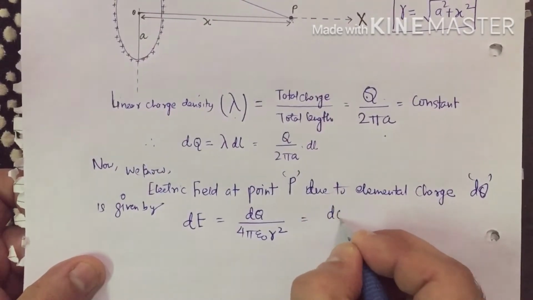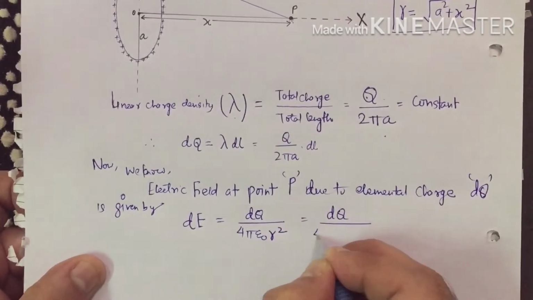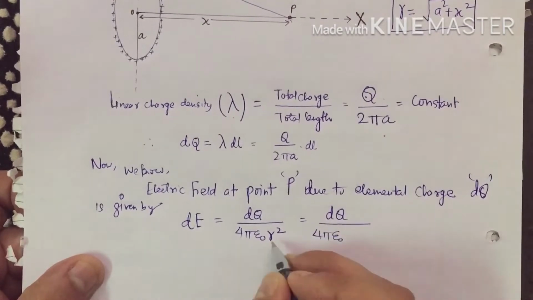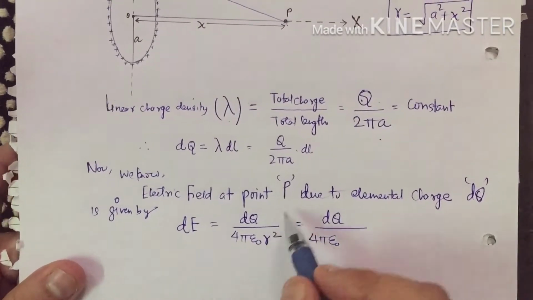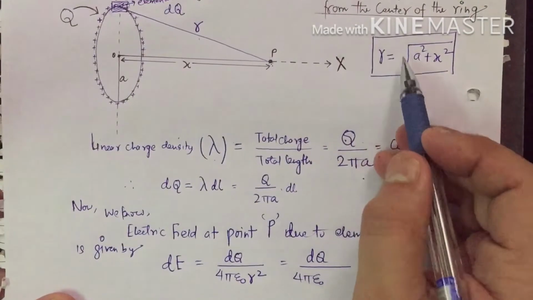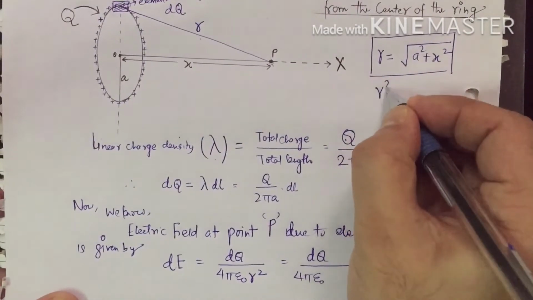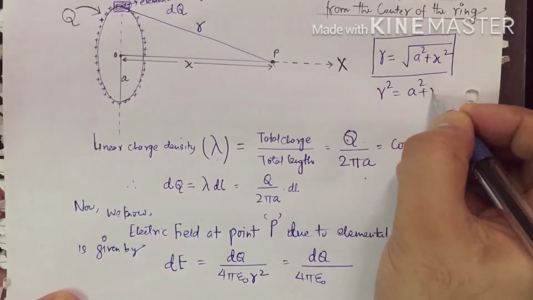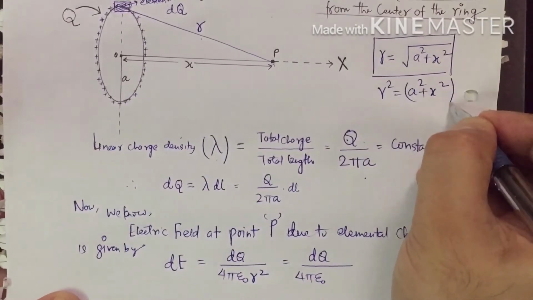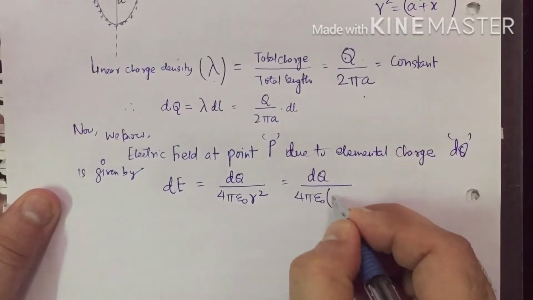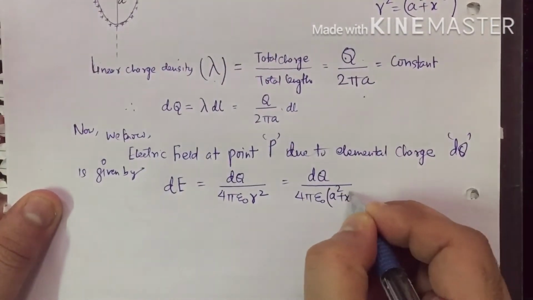So what is r square? Since r is under root of a square plus x square, r square will be a square plus x square. So therefore we can put a square plus x square.